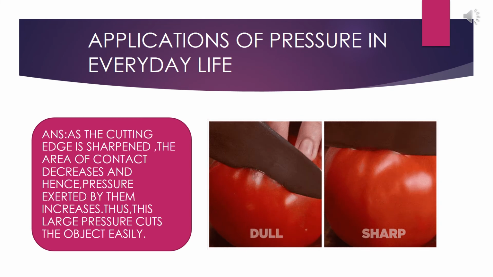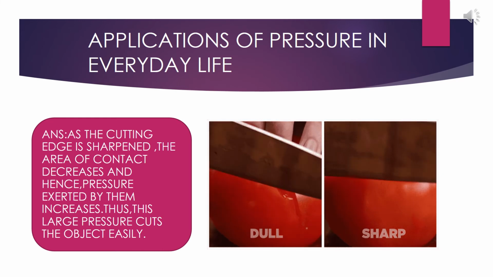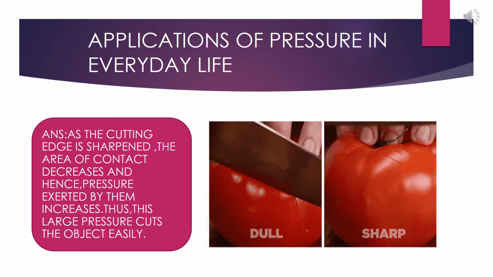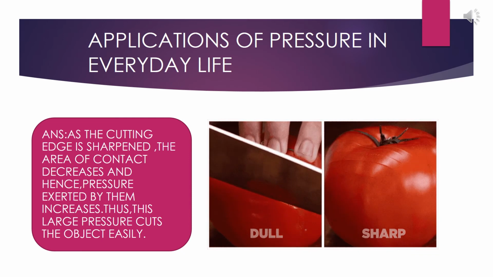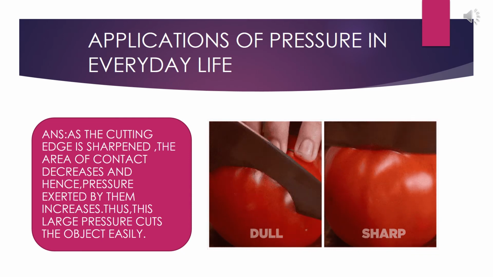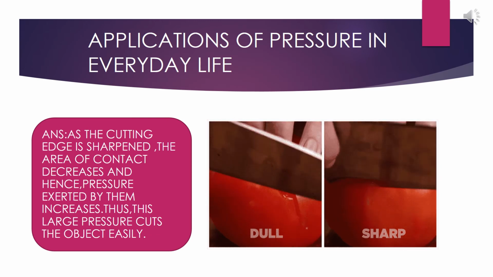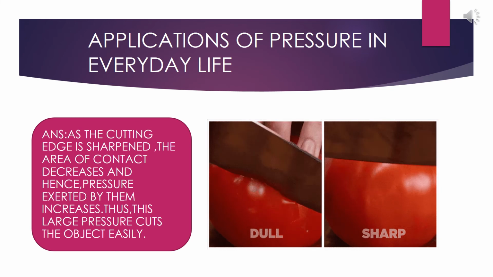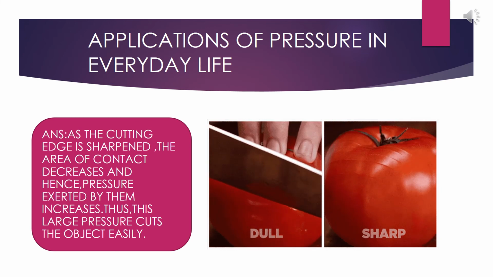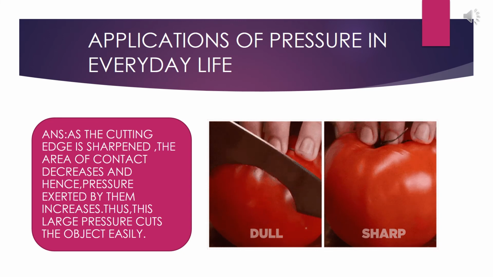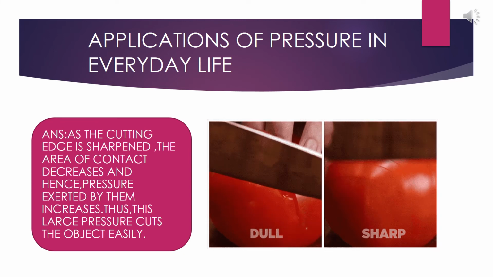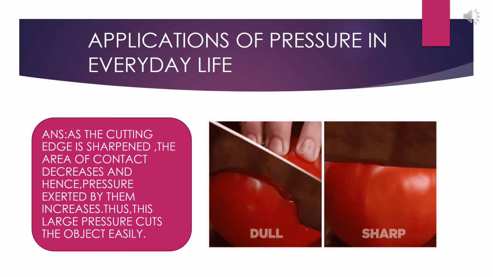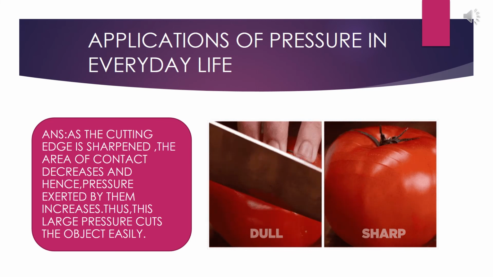You can easily differentiate how the sharp edge of knife is useful to us. So let's have an answer. So the cutting edge of knives, blades, axes, etc. these are sharpened. As the cutting edge is sharpened, the area of contact decreases and hence pressure exerted by them increases. So thus you can say this large pressure cuts the object easily. Okay?